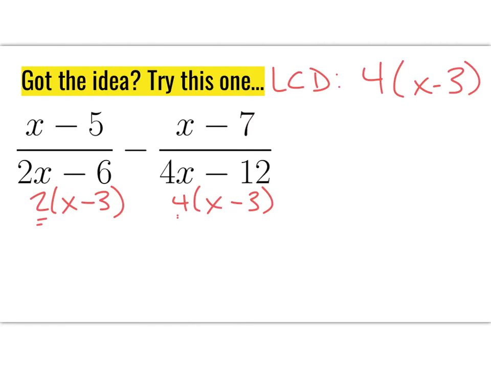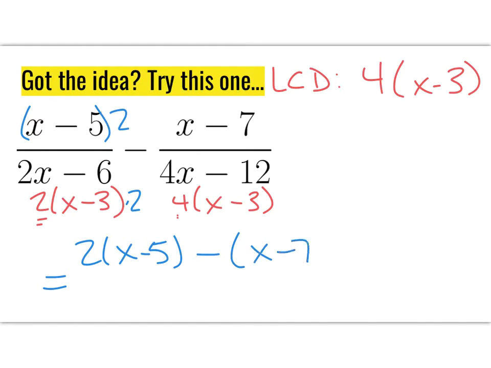So just like in the earlier problem, the one denominator is already where we need it to be. The other one just needs a little bit of an adjustment, and that means that we're going to multiply the first numerator by 2, and we'll multiply the first denominator by 2. So we have 2 times the quantity x minus 5, and again we are going to make one big denominator right away.